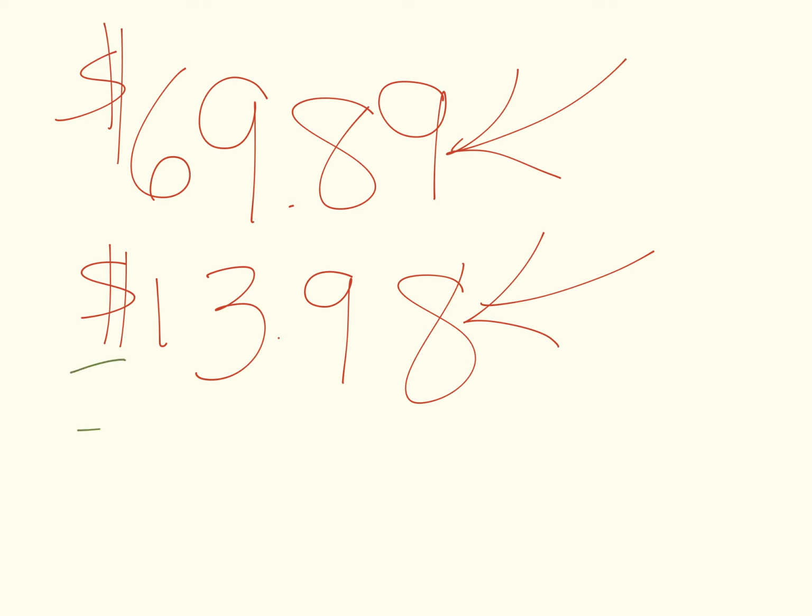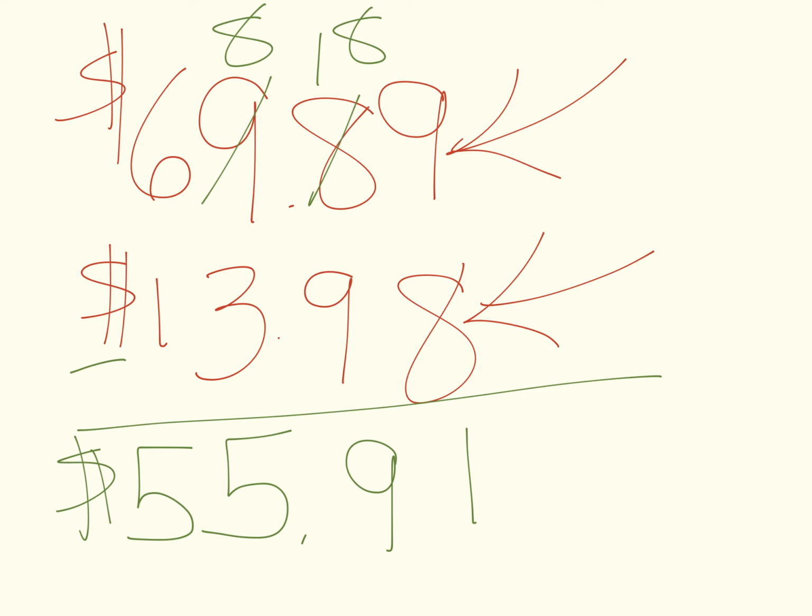So I'm going to subtract these 2. Go ahead and do the subtraction and see what you get. Did you get $55.91? Yep, that's what I got. So I will pay $55.91 for those 3 graphic tees from American Eagle.